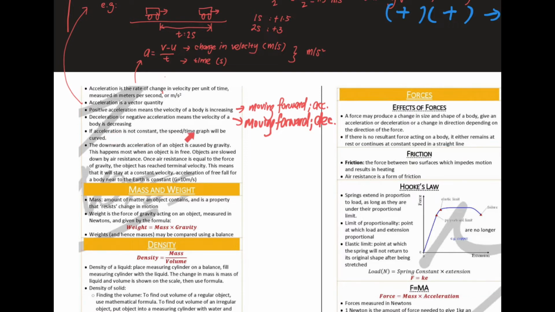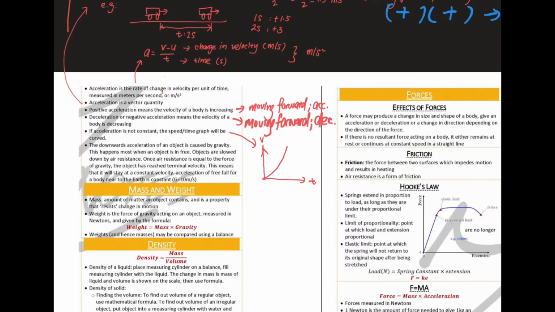If acceleration is not constant, the speed-time graph will be curved. Speed versus time graph, something like this. It's a curve like that. So if it's a curve, that means the acceleration is not constant.